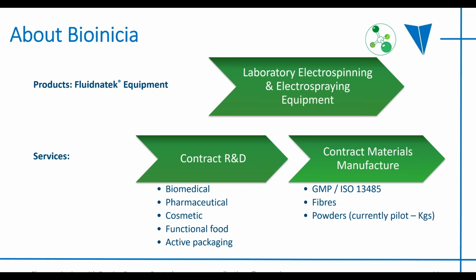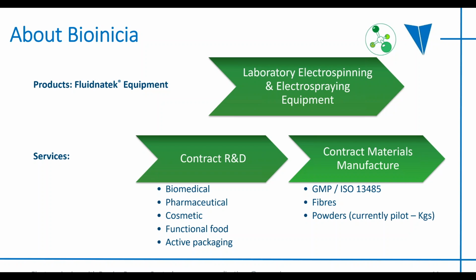So products where we're applying some additional functionality to materials, and often in application areas requiring some good level of control and perhaps with regulations over their manufacture, such as GMP.